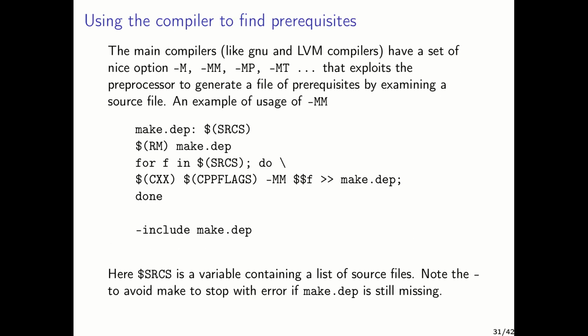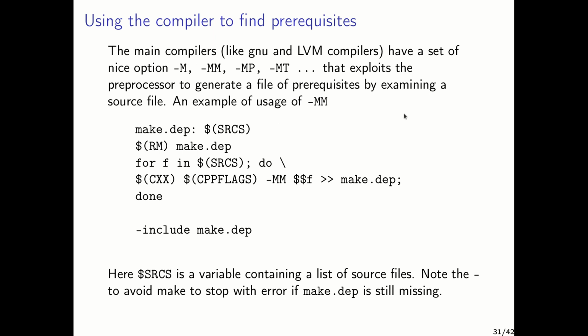There is an automatic way, and to that purpose you can use directly the compiler. The compiler, at least the GNU compiler and Clang compiler, have a set of options. They all begin with uppercase M, that exploit the preprocessor to generate automatically a file containing prerequisites.